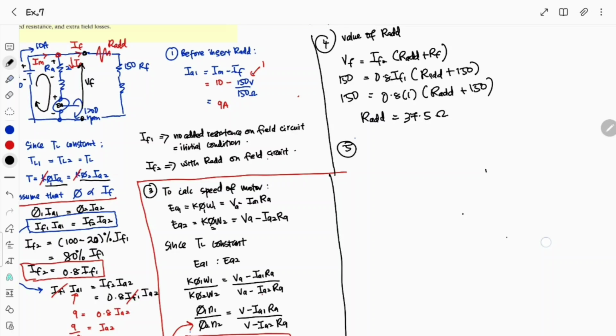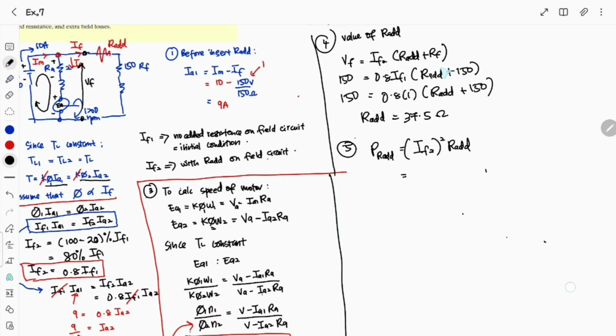Next, we need to find the extra losses, the extra losses due to this RF. So it's P RF equals to the current flowing through this RF, which is IF2, so it's IF2 square RF.